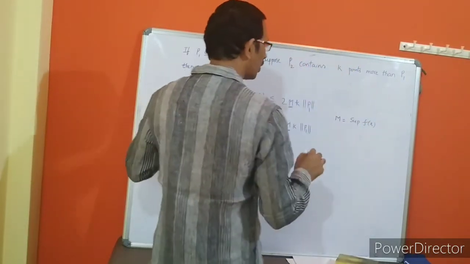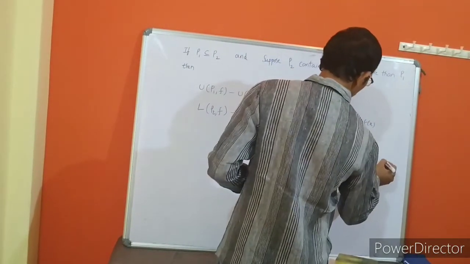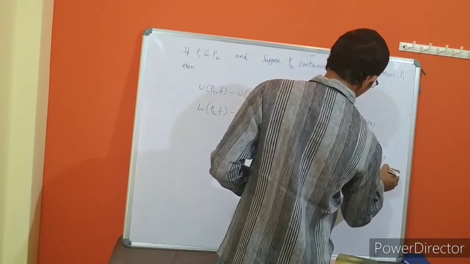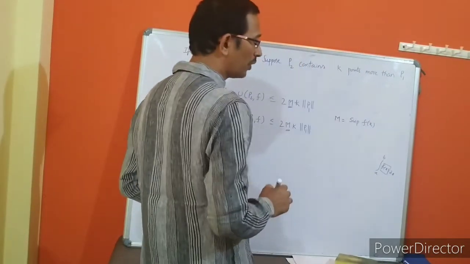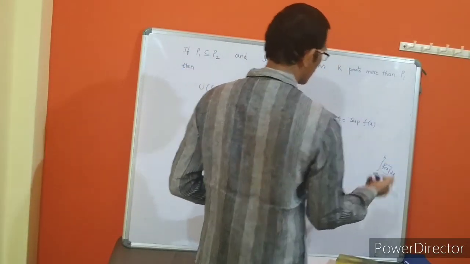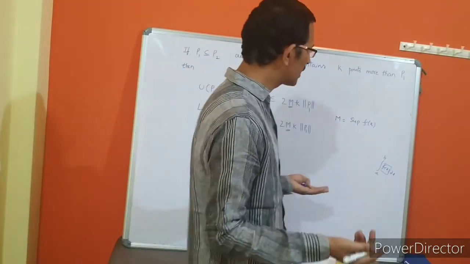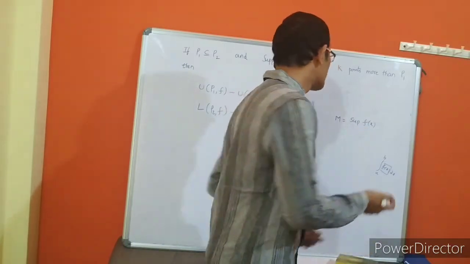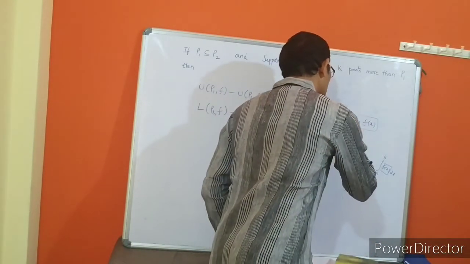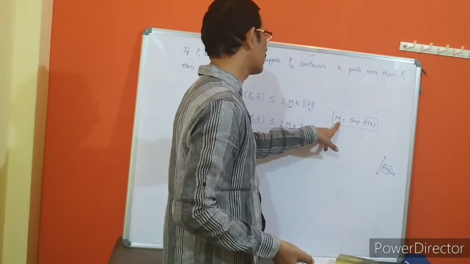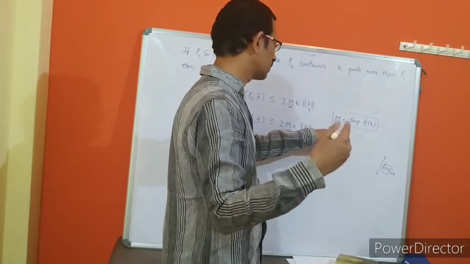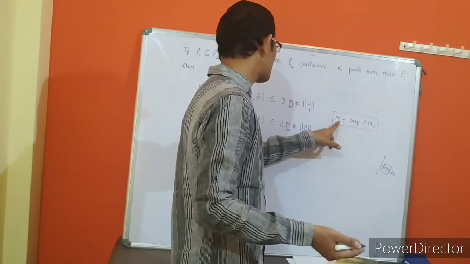Because when I talk about the integral a to b f of x dx, we always consider f of x to be a bounded function. Bounded function means upper bound and lower bound exist. When an upper bound exists, the supremum also exists. So therefore, this supremum of f of x also exists on the closed interval ab, and that supremum, that is the maximum value, okay, roughly saying, the maximum value of f of x is capital M.